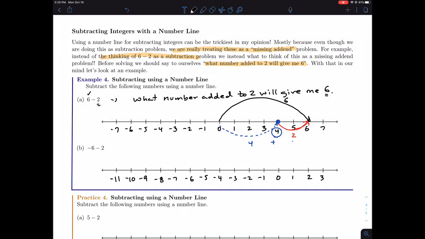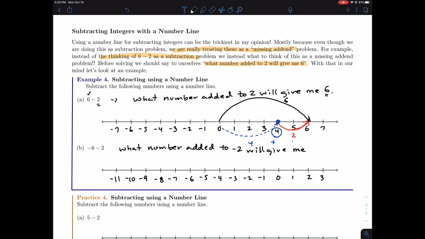All right. So again, in this case, what I've got is -6 minus 2. So again, what I'm looking for is what number added to, oops, sorry, hold on. It's not -2, it's +2.